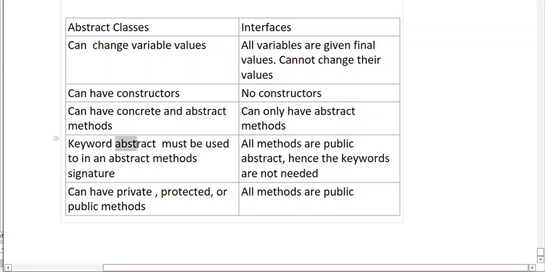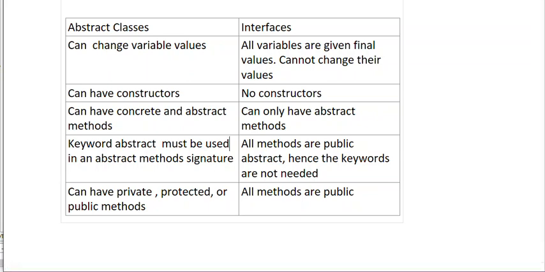So the keyword abstract must be used in an abstract method signature. If you declare a method to be abstract in an abstract class, you better use the keyword abstract, otherwise you will get an error. But as all methods are public abstract by default in interfaces, we don't need the keywords.